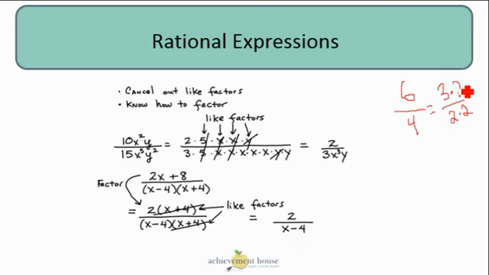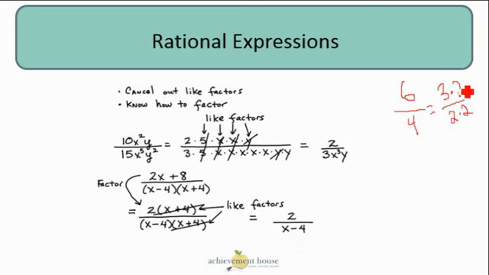So 2 divided by 2 is 1, so really I have 3 halves times 1, and anything multiplied by 1 is itself, so 6/4 can be simplified to 3 halves. So that's what's going on over here, but at a much bigger scale.